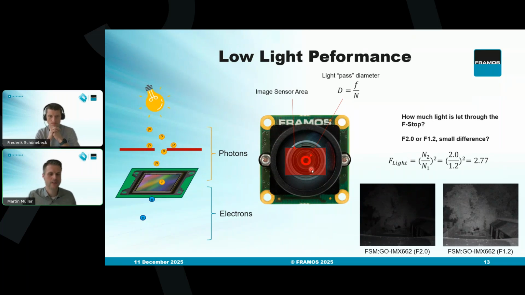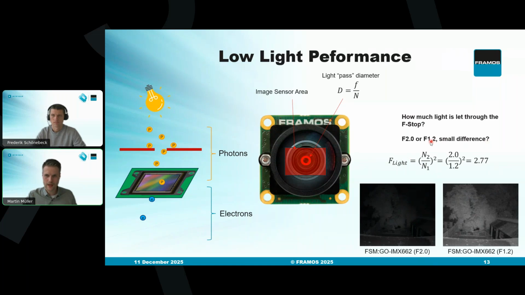I don't want to go into this right now, but you can imagine this aperture is required to get the image sharp on the image sensor. And on the other hand, it acts like a barrier for the photons. So the higher the f number, the narrower this opening becomes, and the fewer photons reach the image sensor.